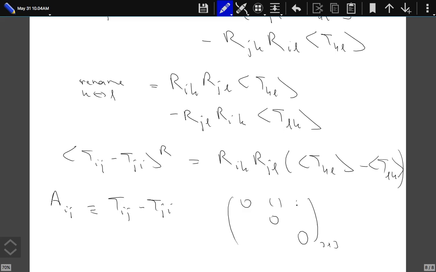Here I have 3 entries. The lower 3 are just the negatives of the upper 3. So here I have 3 independent numbers that tell me what these Aij's are. And under rotation, they just mix among themselves.